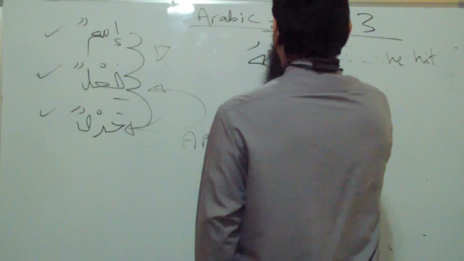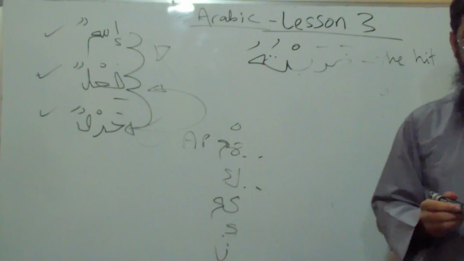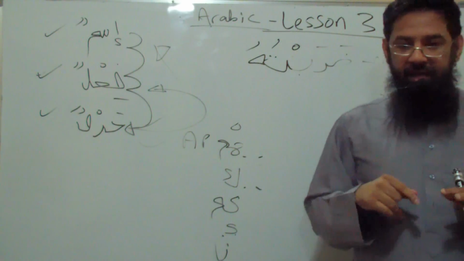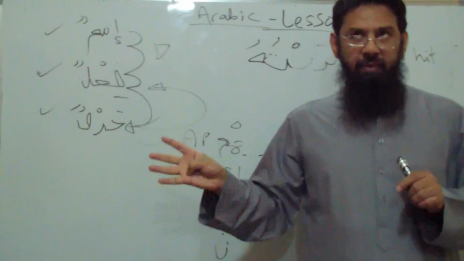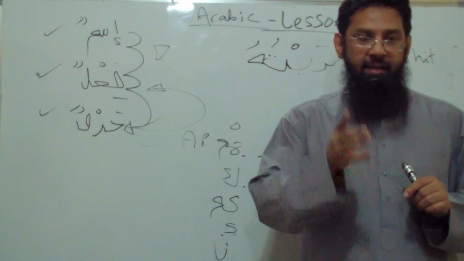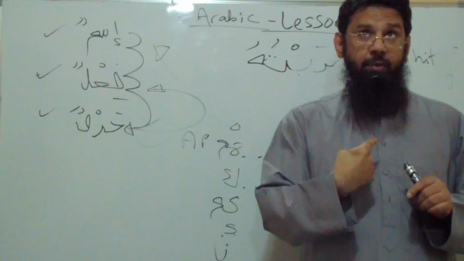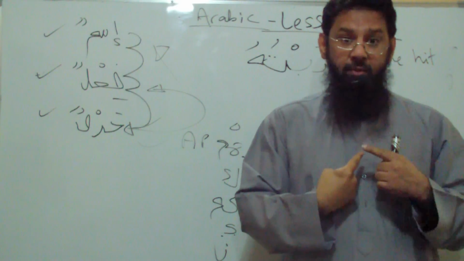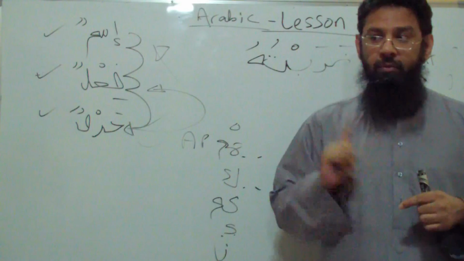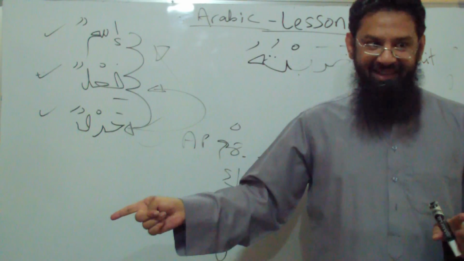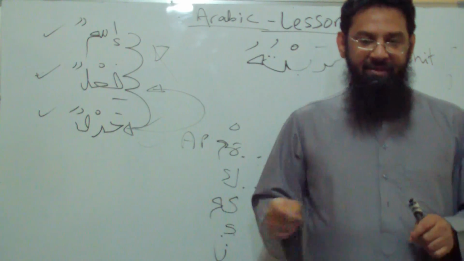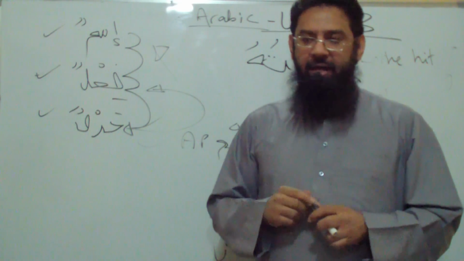Darabtuhu. I hit him. So the way you do it is that if I say I hit him, just go through the forms for daraba, he hit, darabu, they hit, darabta, you hit, darabtum, you all hit, darabtu, I hit. But I hit him. Darabtu, who? Darabtuhu. Okay.